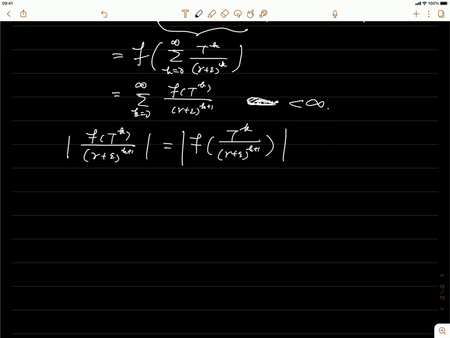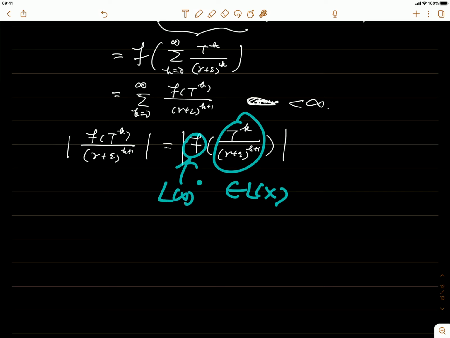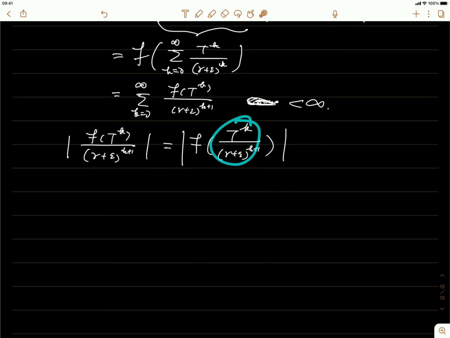Well, in this case, you can see this is in L(X), right? And this F is in the dual space of L(X). But I can identify this one with the one in the bidual, just by doing the canonical mapping.